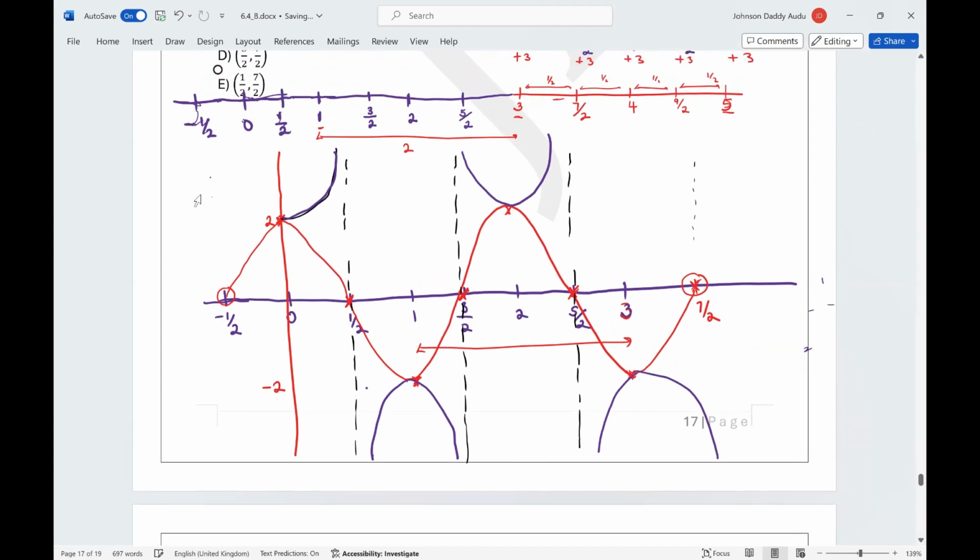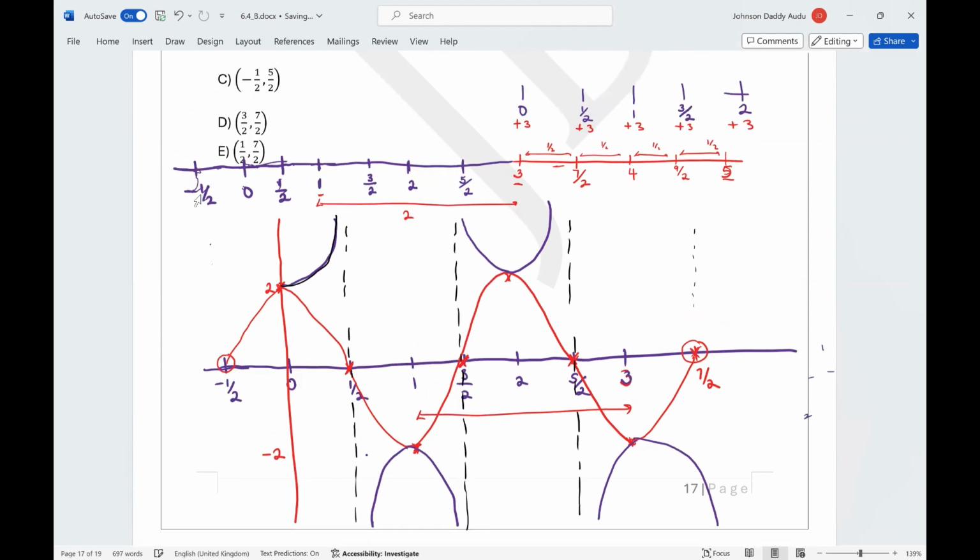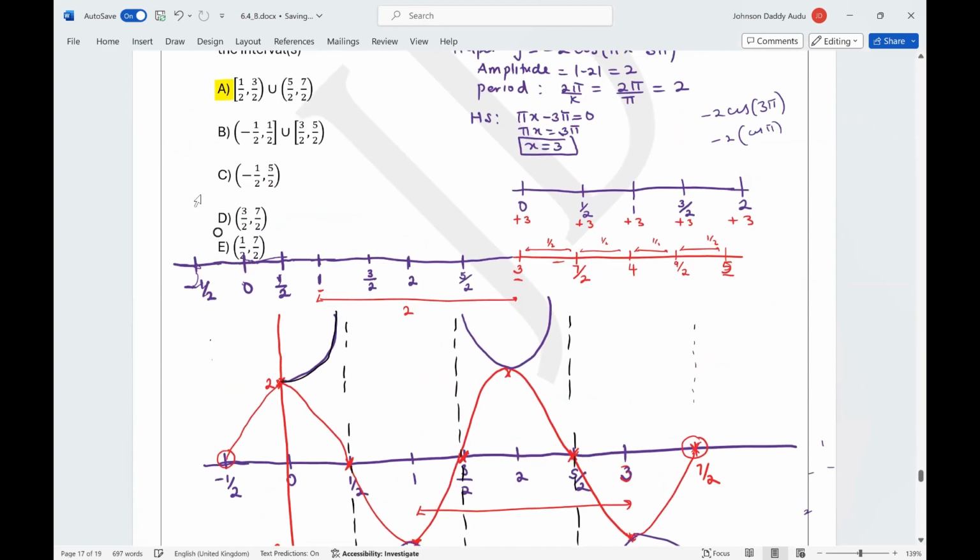Yeah. So if you're looking for the part that is below the x-axis, we'll see that it's just going to be from half to 3/2, and then from 5/2 to 7/2 open. So this is going to be this one here.